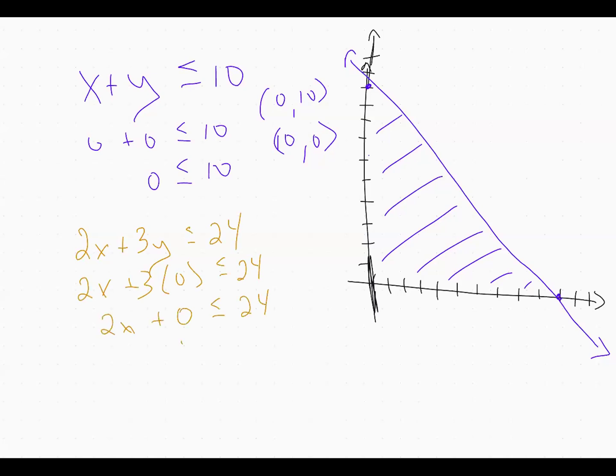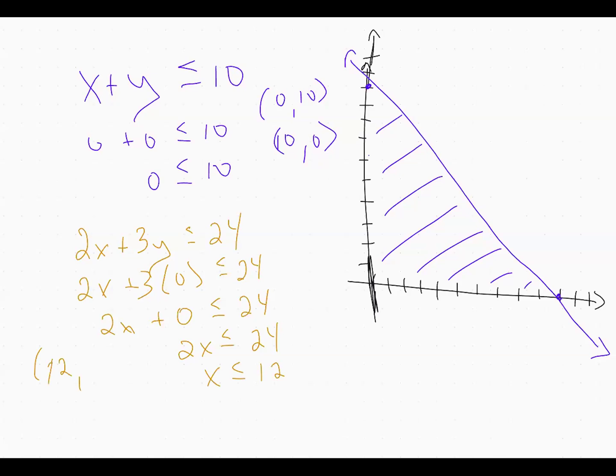Except I can't draw. Divide both sides. My last step was divide both sides by 2. I got x is less than or equal to 12. Since I'm really solving for a point, we solve it as if it's just flat out equals. So I have a point of 12, comma 0.